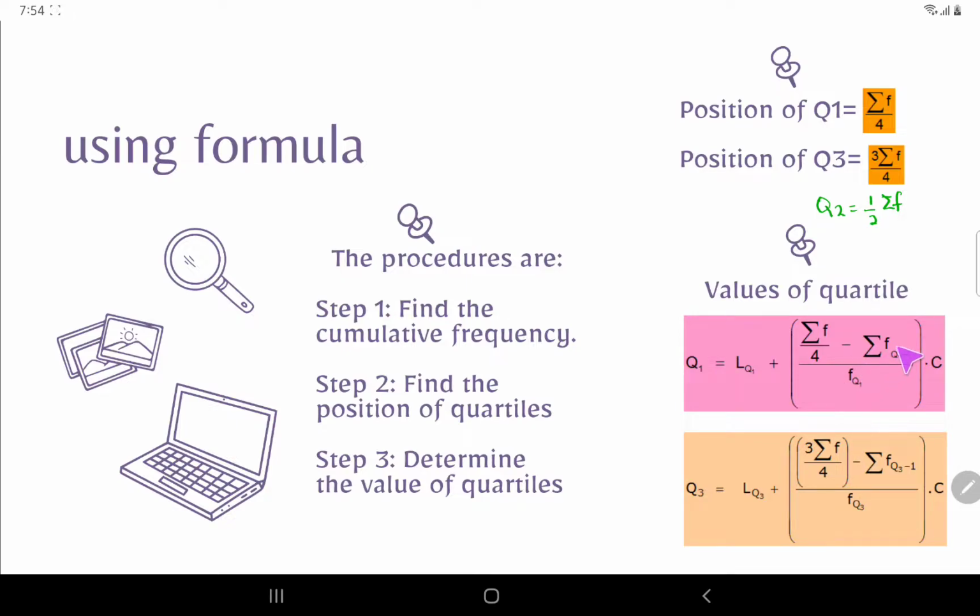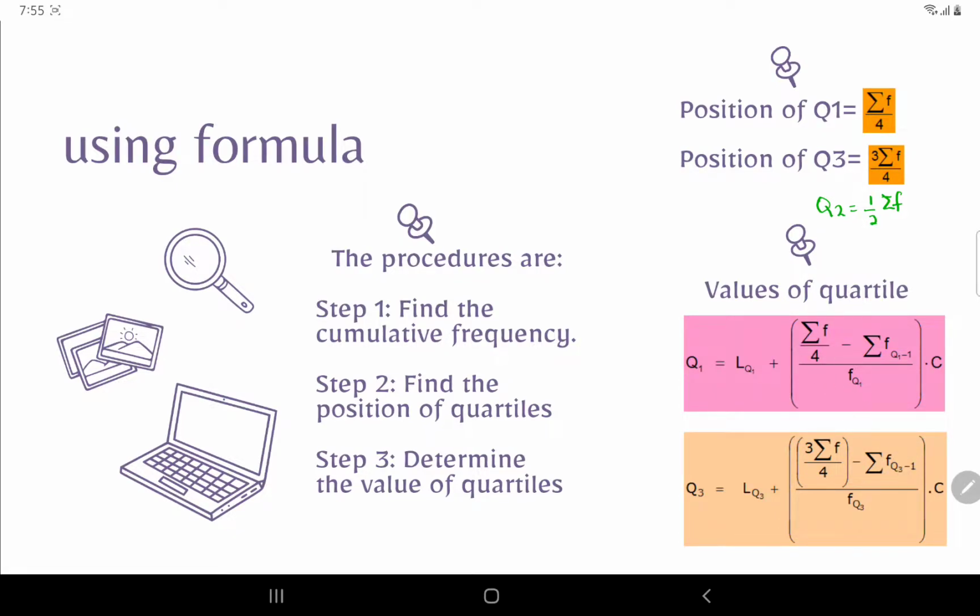Minus, and then the frequency, the total frequency of Q1 minus 1. What does that mean? It is the cumulative frequency before the first quartile class. And here is the cumulative frequency before the third quartile class.